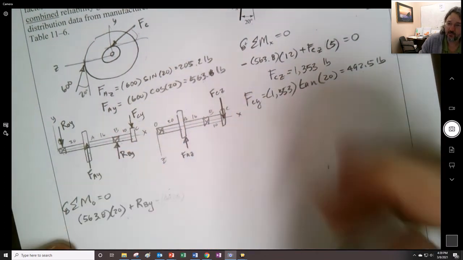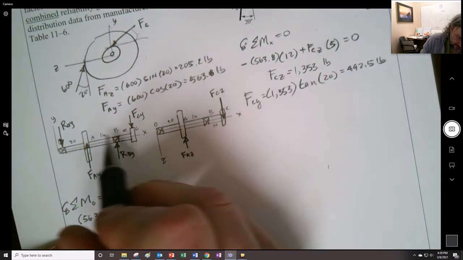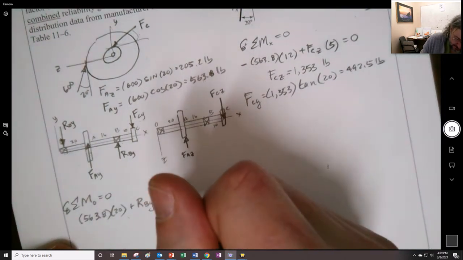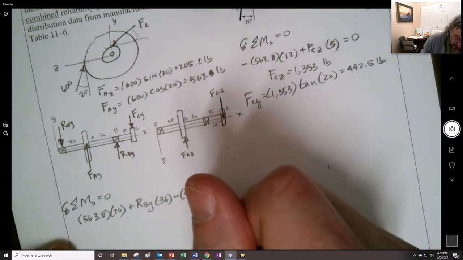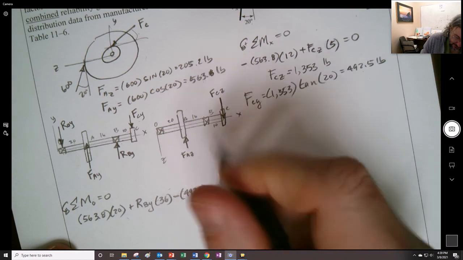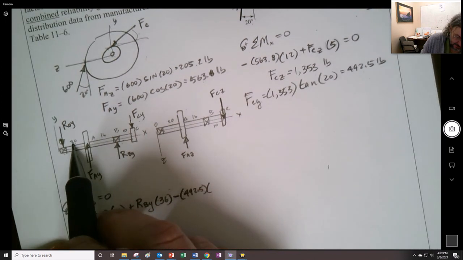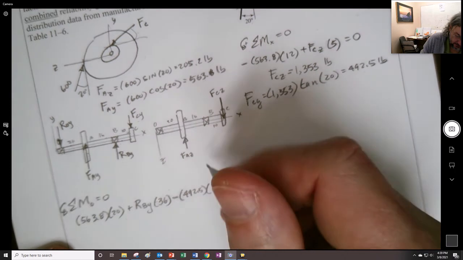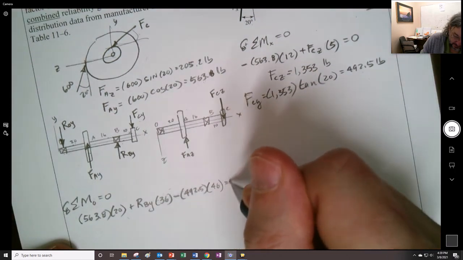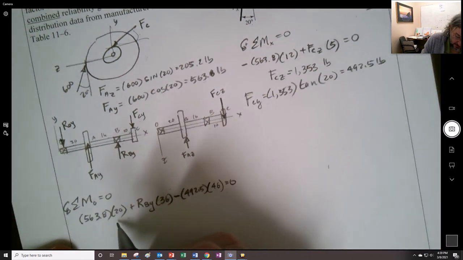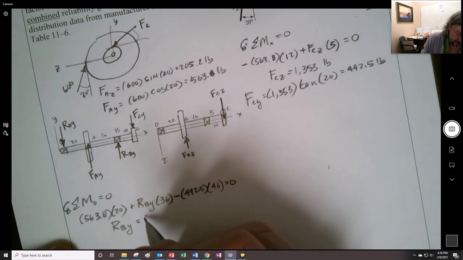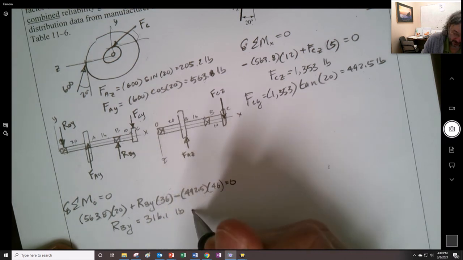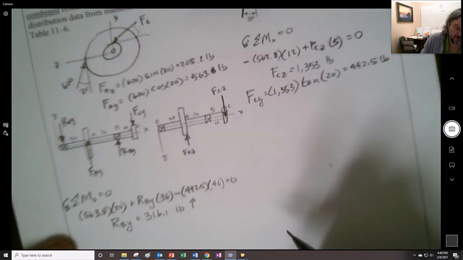I forgot my moment arm. Silly me. So that's going to be 36. And then minus, now we put it on here, 492.5. And that's going to be, so 36 is going to be 46, 46 equals 0. And I get my RBY is, I'm going to trust my numbers, 316.1 pounds. And it was positive, so I picked correctly.